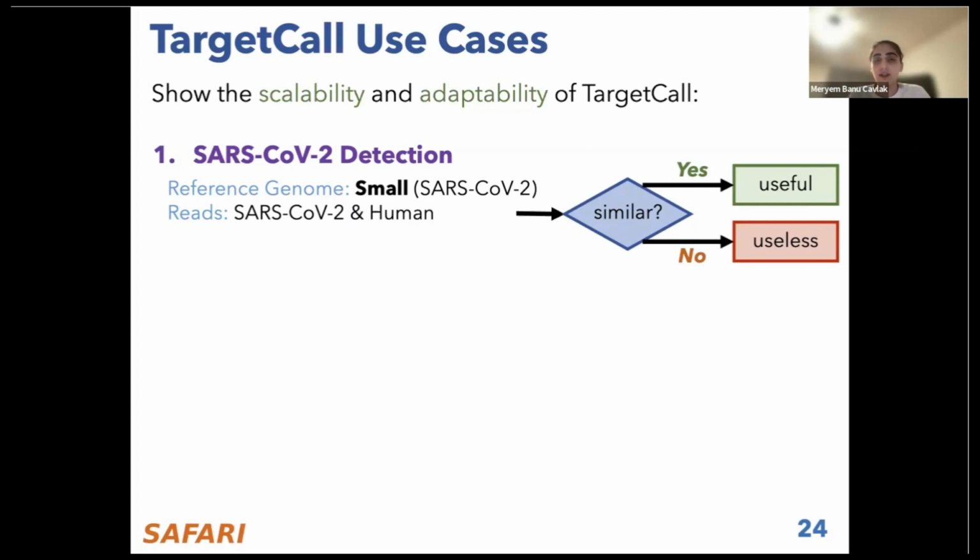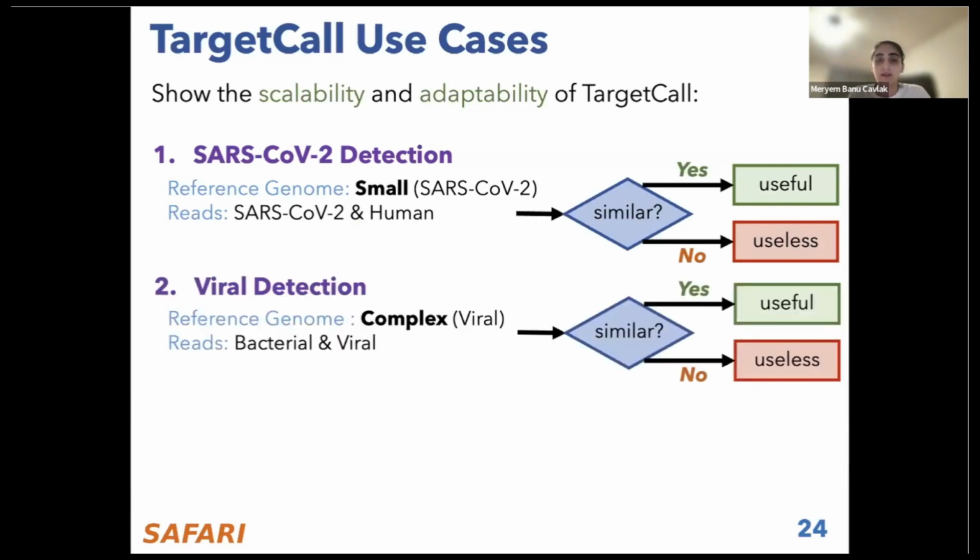In our reads, we have SARS-CoV-2 and human ones, and we try to identify the ones coming from the SARS-CoV-2 reference genome. So in this use case, if the read is similar to our reference genome, it's identified as useful. The second use case includes a bit more complex reference genome and reads to show that TargetCall can work when the reference genome has multiple viral strains and the read set has multiple viral reads and multiple bacterial reads. And again, anything that is similar to the reference genome is identified as useful in this use case.